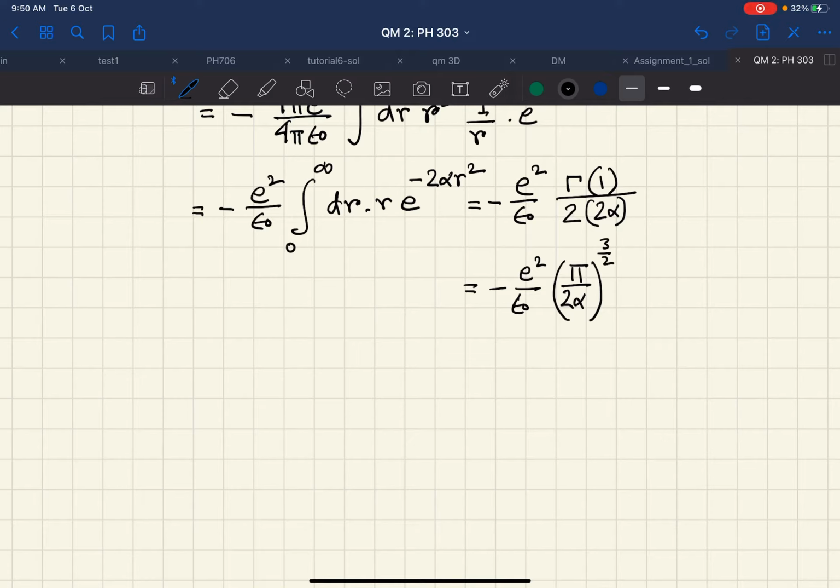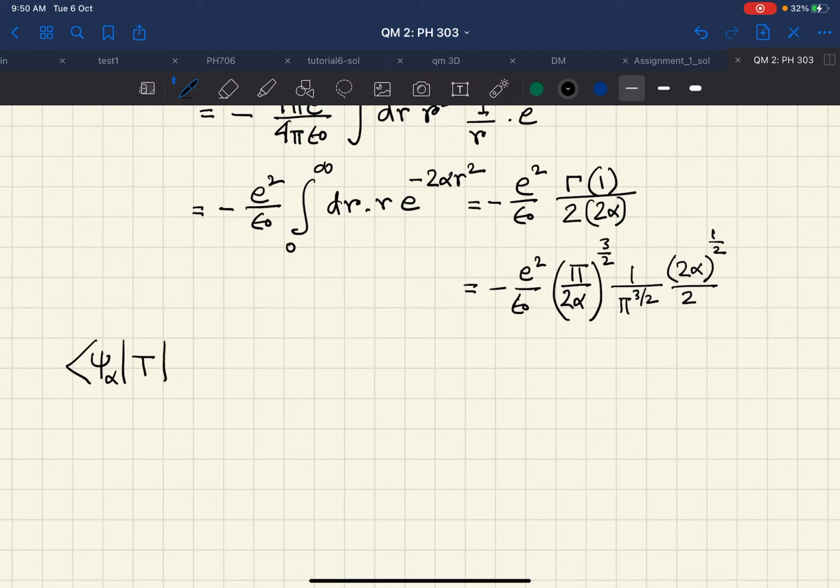Therefore, I must have a factor of 1 by pi to the power 3 by 2, and also there should be a factor of 2 alpha to the power half and a factor of 2 outside. I hope I have taken everything into account. Yes. Okay.